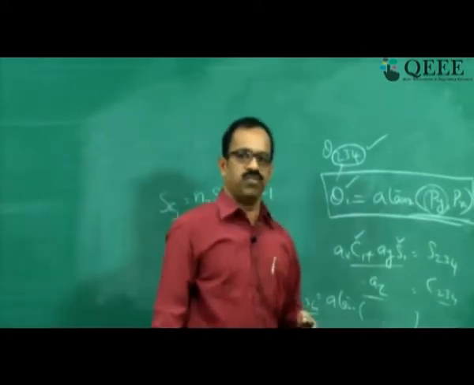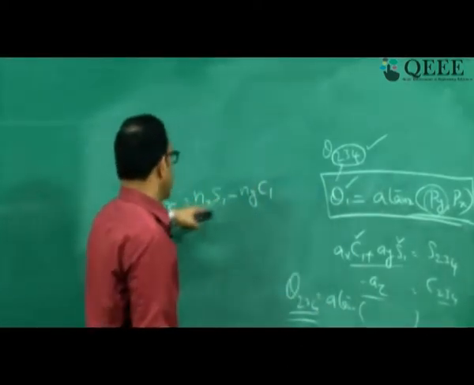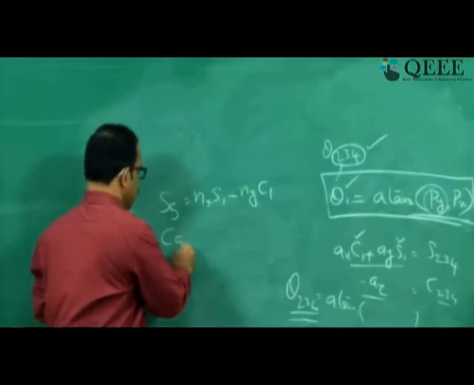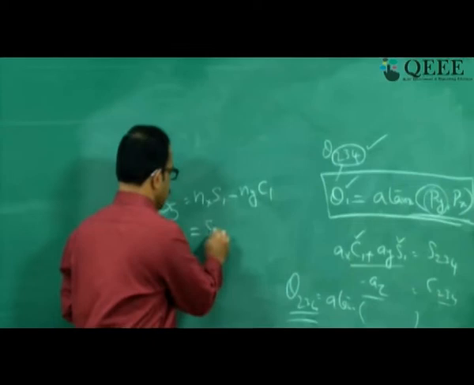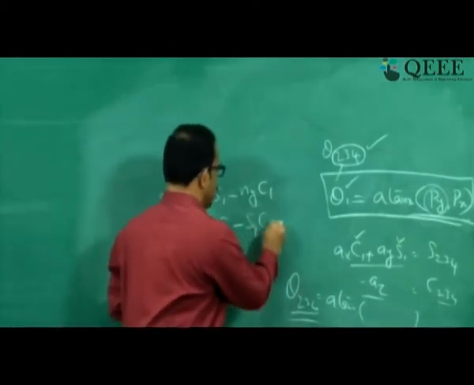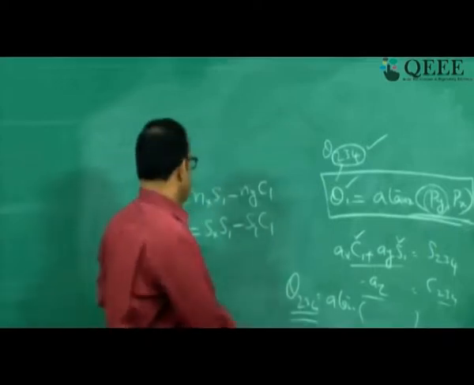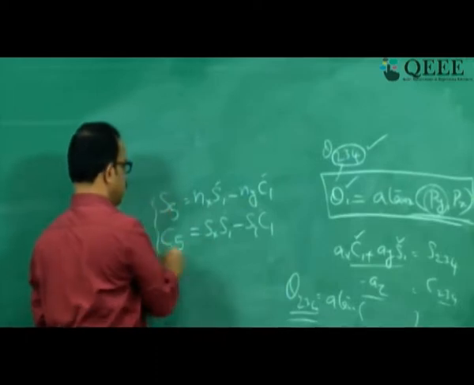You multiply nx with s1 and ny with c1, and you subtract, you will get s5. Similarly, cos phi can be obtained. Cos phi is sx s1 minus sy c1. So because s1 is known, you will be able to get s phi and c phi.